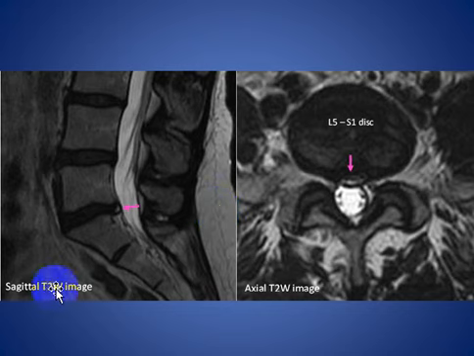As we see here, there is L4-L5 and S1 disc herniation, and the hyperintense area, this is annular fissure posteriorly, and the disc herniation is central in location.